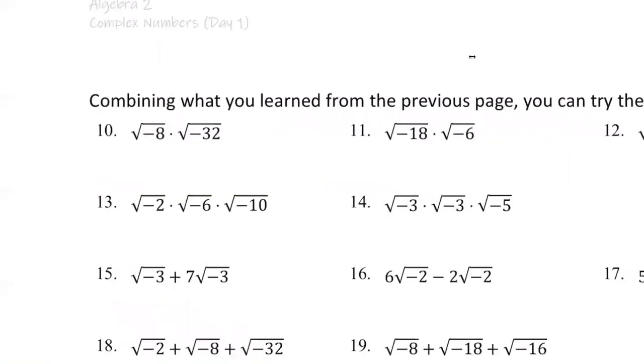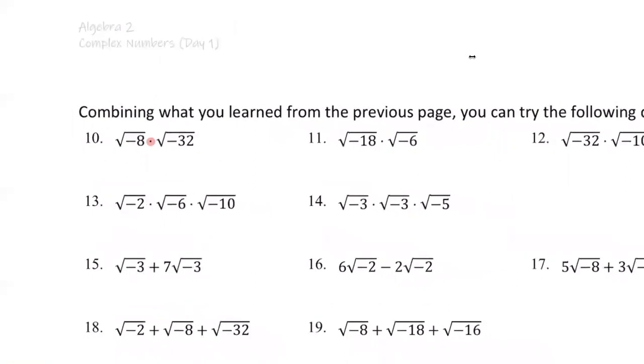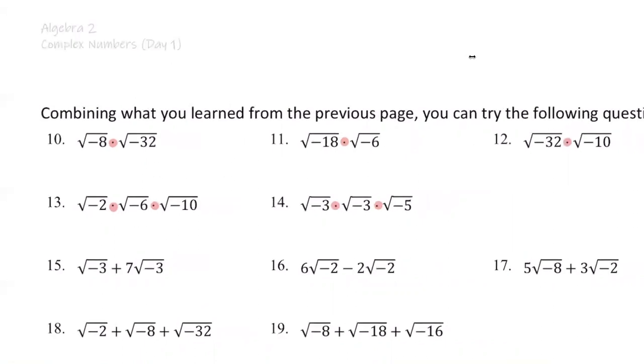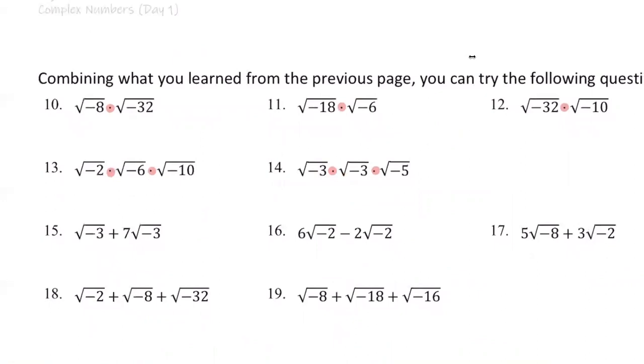And I'm going to highlight what's there. For questions like number 10 through 14, I hope you can see that we have all these square roots, all these radicals. They are multiplying each other. For question 15 through 19, I hope you can see that these are numbers with radicals.